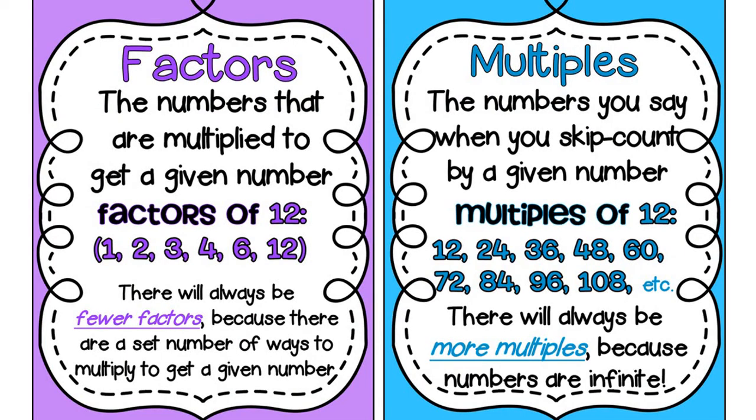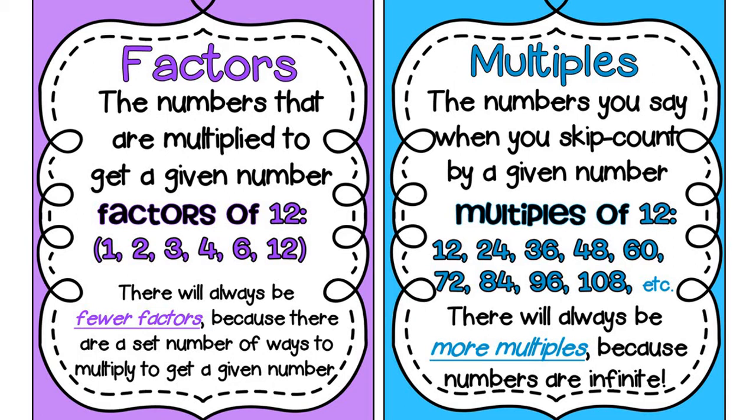Now here we have factors, the numbers that are multiplied to get a given number. Factors of 12, for example, are 1, 2, 3, 4, 6, and 12. If you multiply 1 times 12 equals 12, 2 times 6 equals 12, 3 times 4 equals 12, 4 times 3 equals 12, 6 times 2 equals 12, and 12 times 1 equals 12.